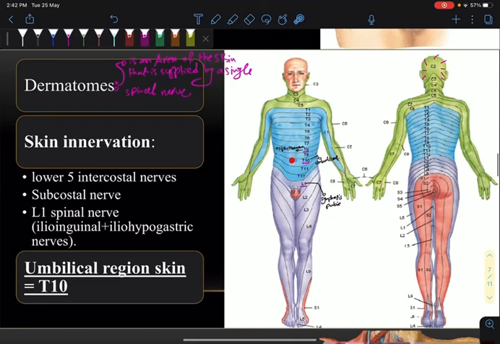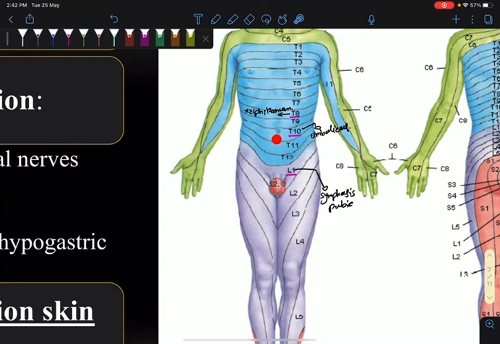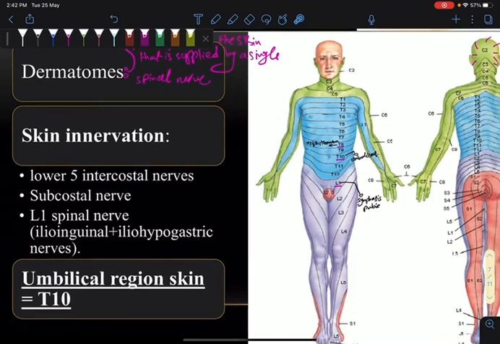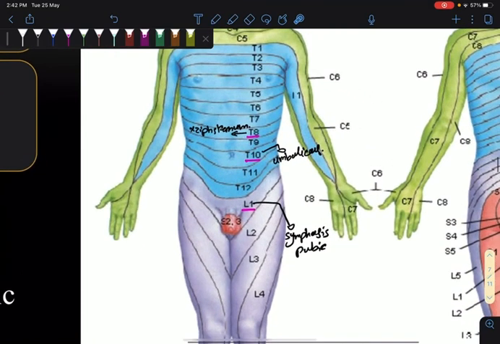The umbilical region, they always mention the umbilical region relative to this point, which is the umbilicus. Okay, the umbilical region is supplied by the spinal nerve that originated from thoracic vertebra number 10. You must know these, the most important thing: this region at the pubic symphysis is supplied by a spinal nerve that originated from L1.